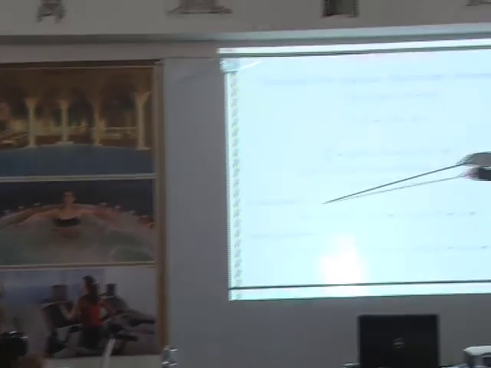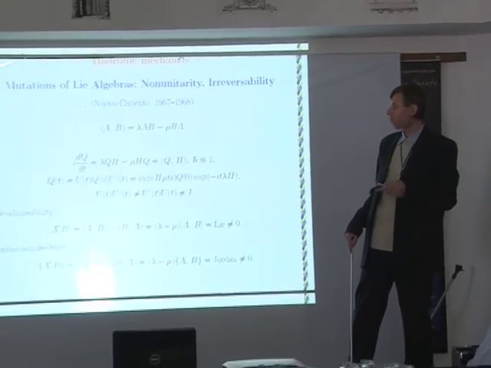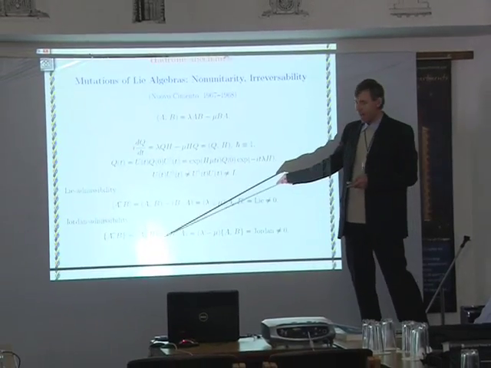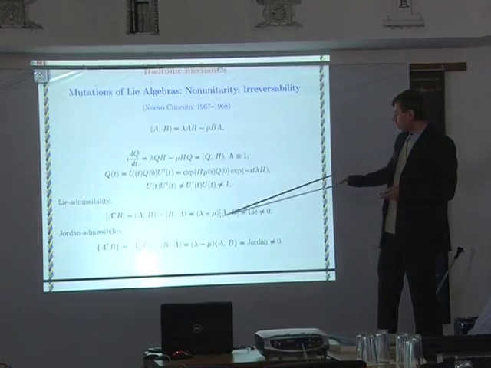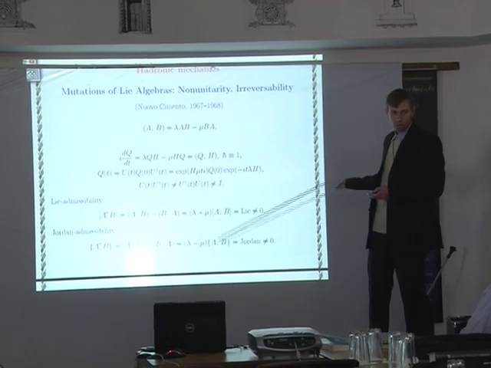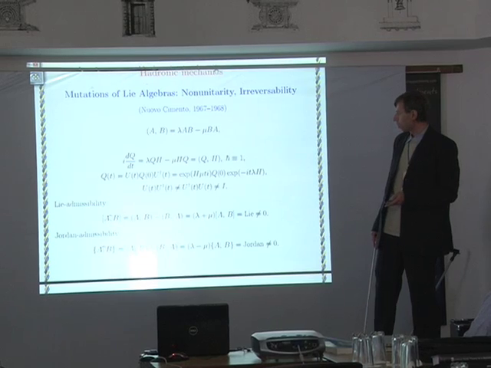But these new brackets turned out to be Lie-admissible and Jordan-admissible. Lie-admissible means that we may symmetrize and antisymmetrize these brackets, and we preserve the same structure of the brackets with constants. This is called Lie-admissible and Jordan-admissible.